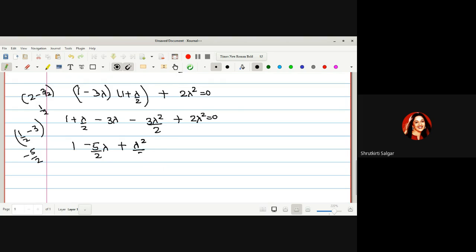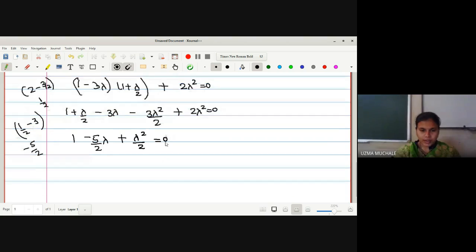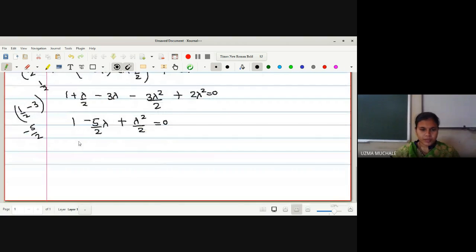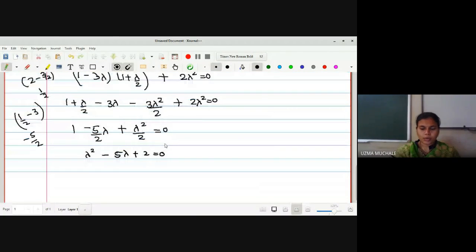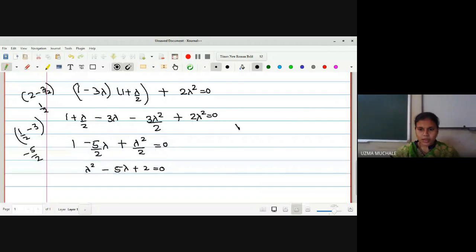Now if I want to solve this equation, I will multiply by 2. So what I get is lambda square minus 5 lambda plus 2 is equal to 0. You can solve this by using our b square minus 4ac formula.